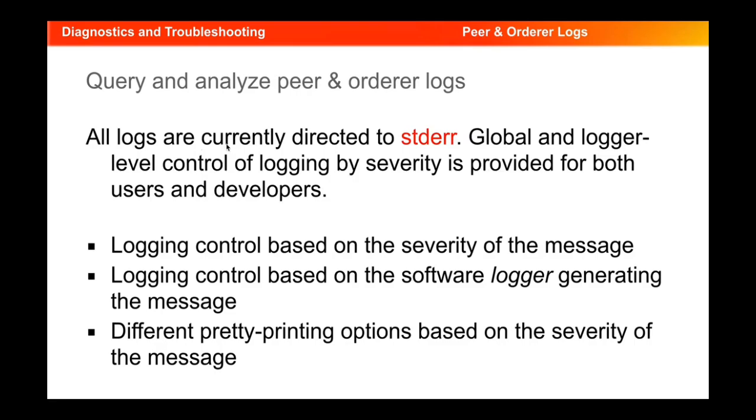All the logs are currently directed to STDERR, which is standard error. Global and logger level control of logging by severity is provided for both users and developers. All these three options that I explained in the last slide are the same.